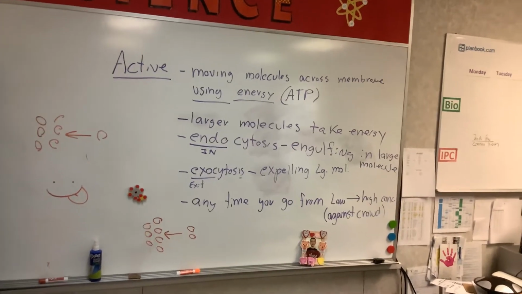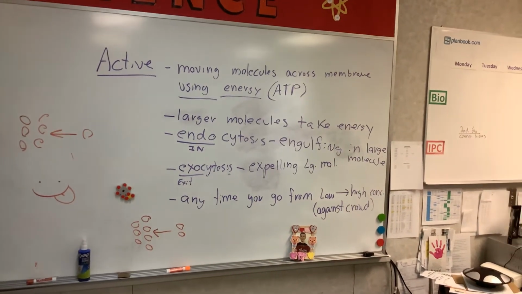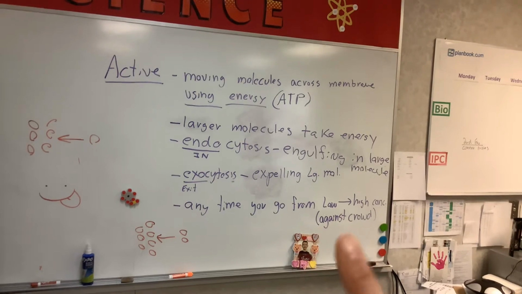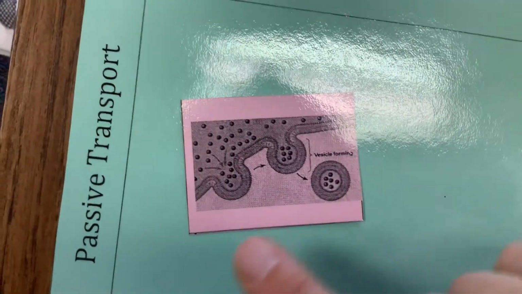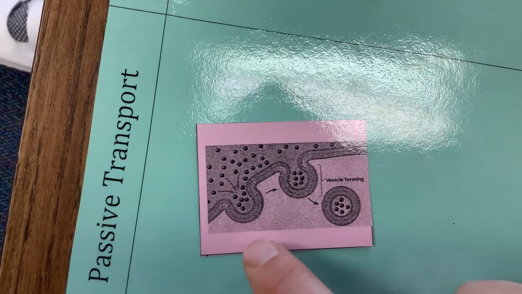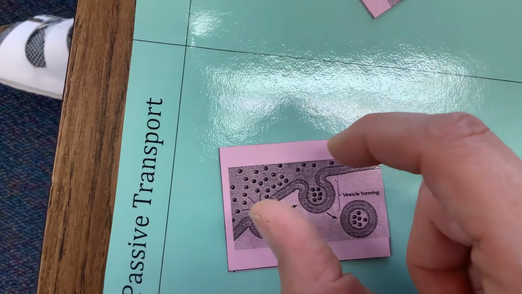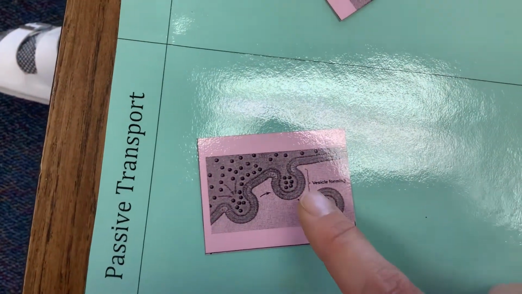Pretty much any time when you go from low and fight your way into high, going against the crowd or against the gradient, this is active. So here's some examples. Okay, this is an example of the cell membrane opening up, filling, basically engulfing and bringing it in. This takes a lot of energy.